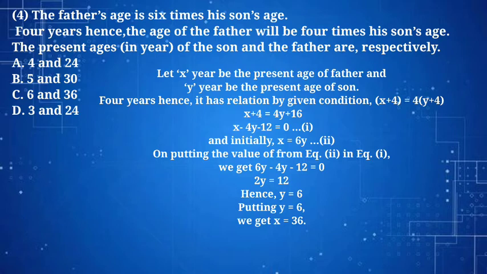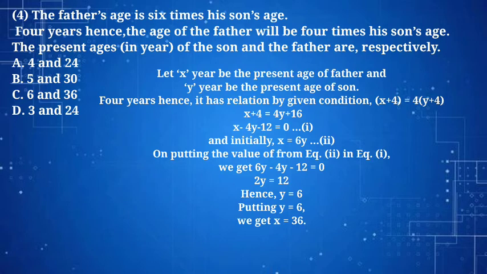And the second condition is after 4 years. So ages will become x plus 4, that is the father's age, and y plus 4 is the son's age. So we have a condition: 4 times his son's age is equal to father's age after 4 years.